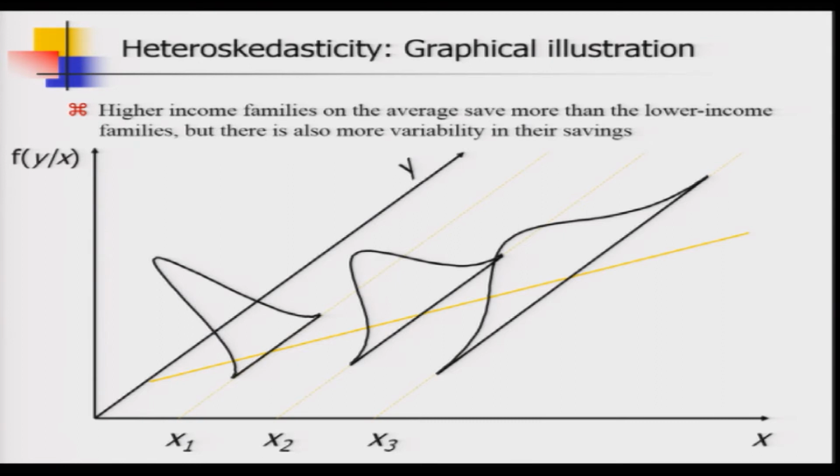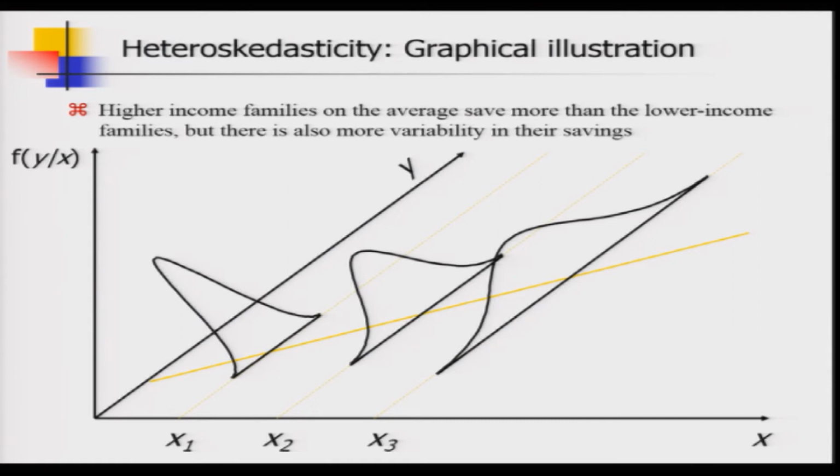So, if I say x equal to x1, then for all the households sharing the income value x1, the savings y values will lie on this vertical line drawn at x equal to x1. And of course, we have collected a sample, so there will be a sampling distribution of y, a distribution of the savings values, right.